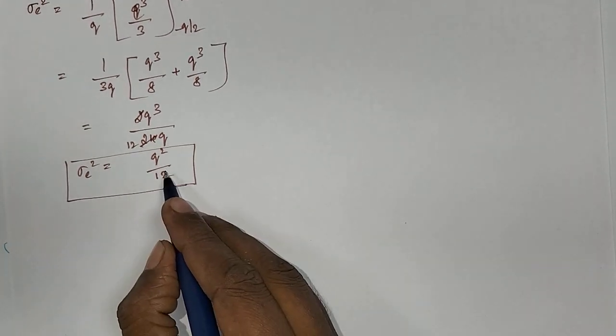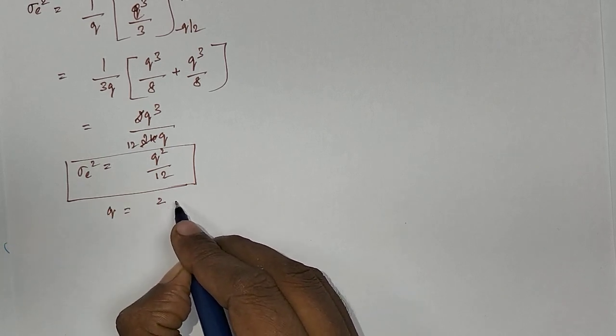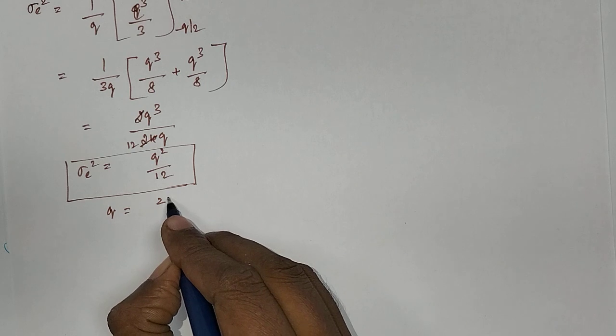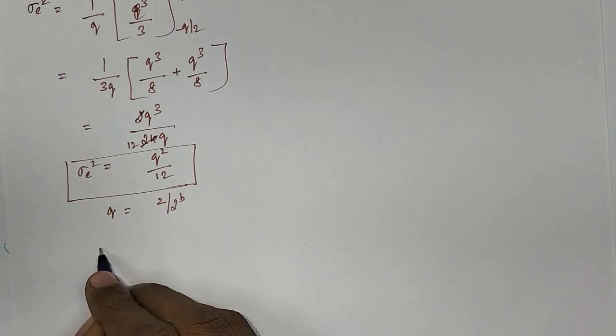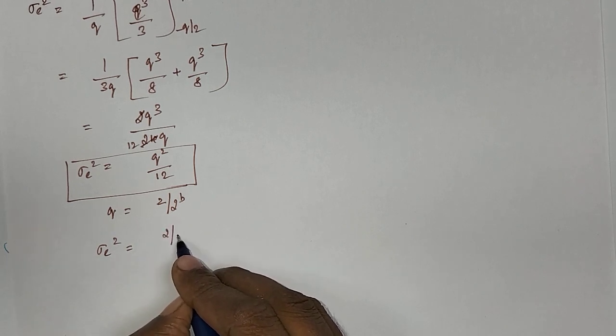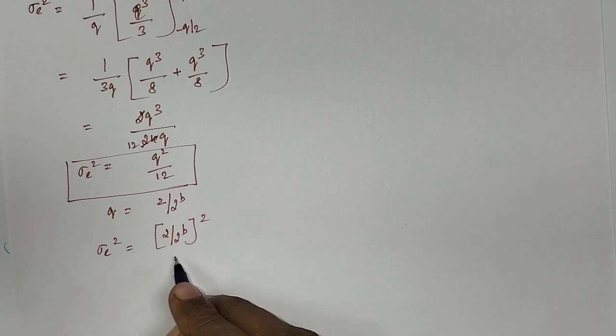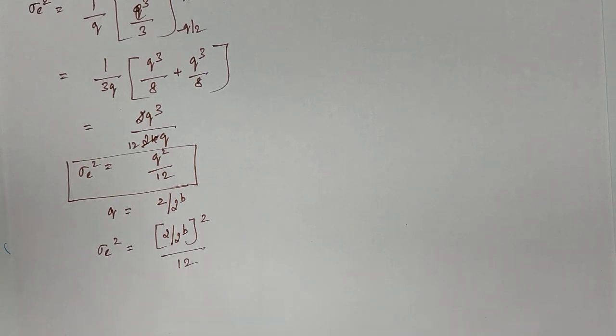So substitute the value for q. We know that q is equal to the range divided by 2 power b, so this is equal to 2 divided by 2 power b, squared, divided by 12.